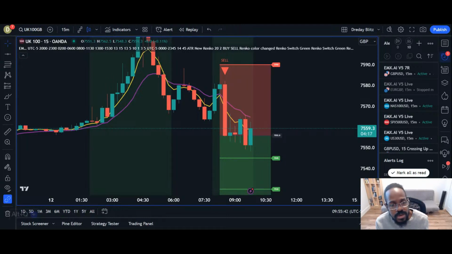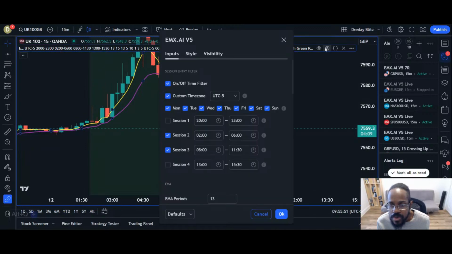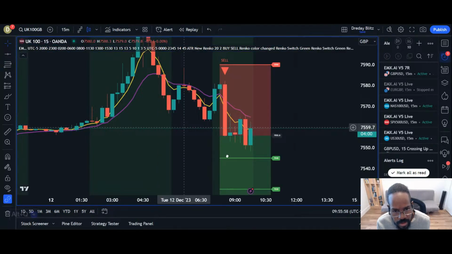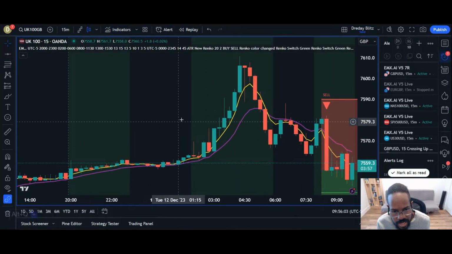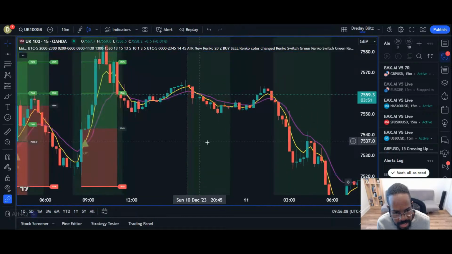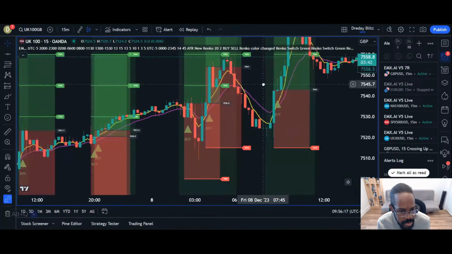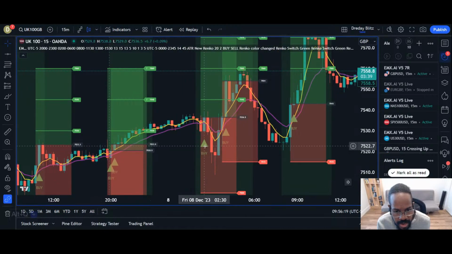Exactly. London will be the best time to trade UK 100 because this is where the market will start to move. So double check. You could open Asian, London, and New York for those types of indices and see exactly what makes sense. Like here, you had a good buy, and that was at New York. You see, at New York it rallied up. Then you had another buy here at London.